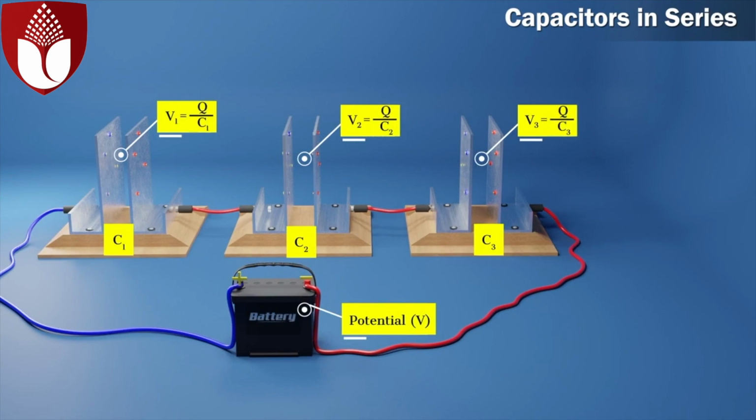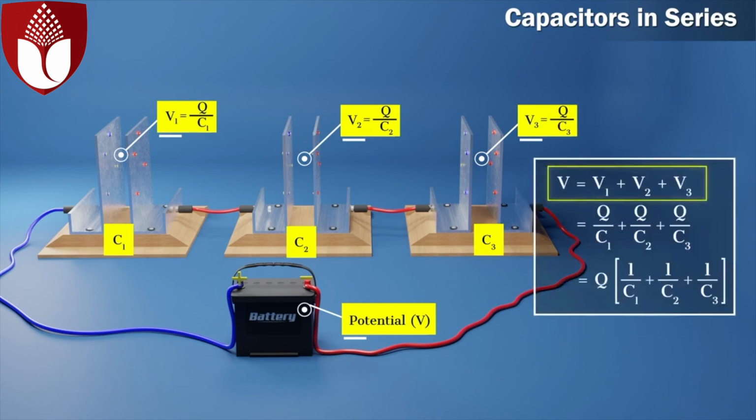The potential difference at the ends of the series circuit, V, is equal to V1 plus V2 plus V3, which is equal to Q by C1 plus Q by C2 plus Q by C3, which is equal to Q into 1 by C1 plus 1 by C2 plus 1 by C3.